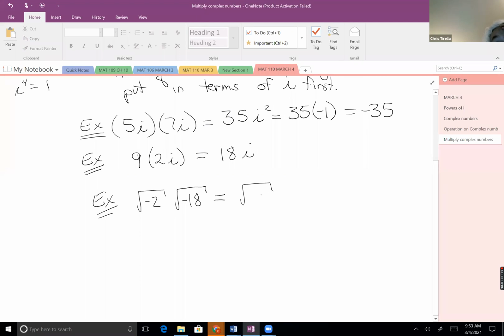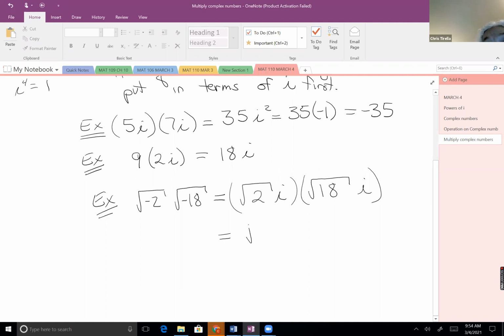So that's the square root of 2 times i, and I'm going to multiply that by the square root of 18 times i, just taking that square root of -1 out. I know some people might want to simplify that radical 18 first, but sometimes I'm lazy and I leave that level of simplification till the end.